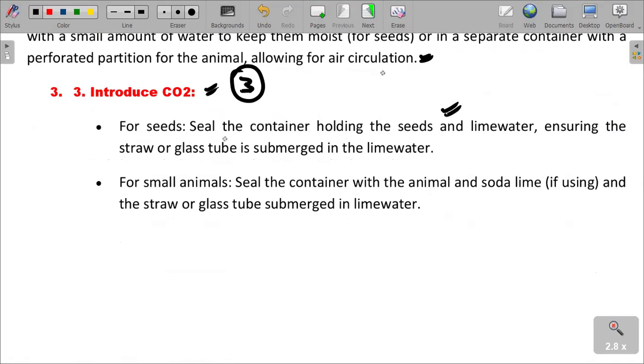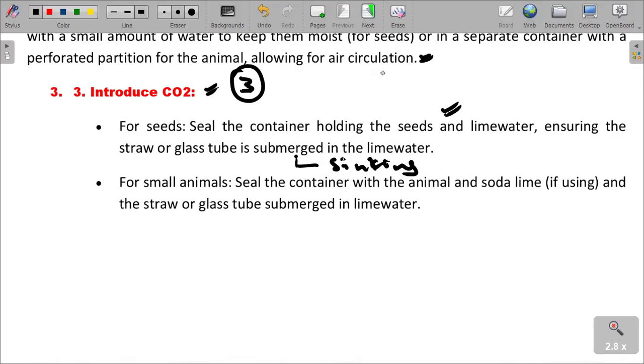Ensure the straw or glass tube is submerged in the lime water. It means to say it is sinking in the lime water. This container holding the seeds must sink in the lime water.